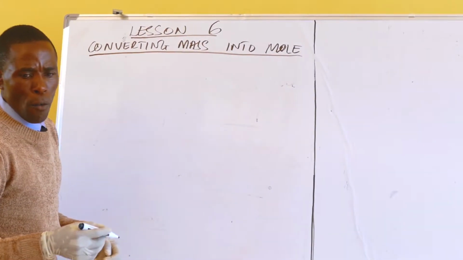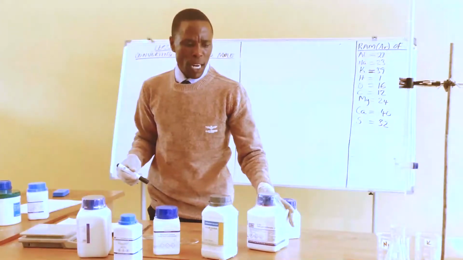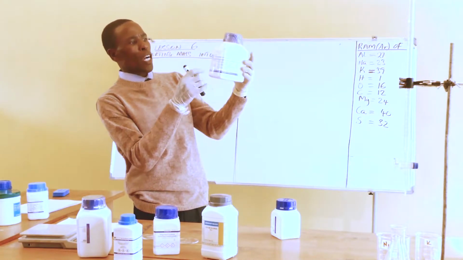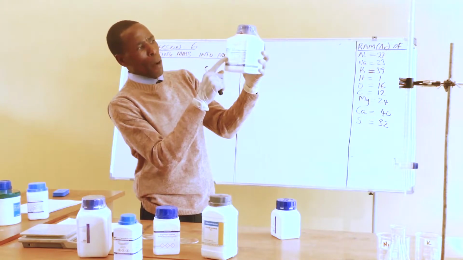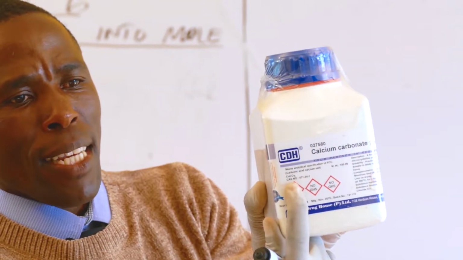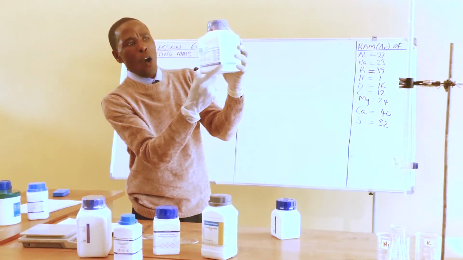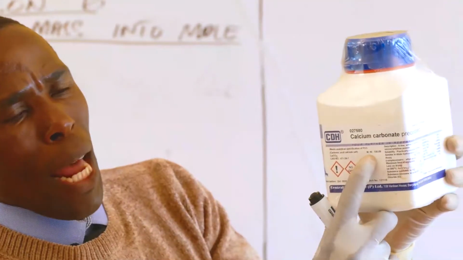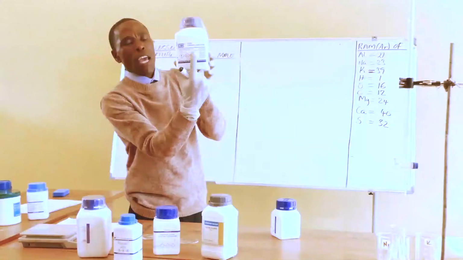As an example, when you look at these chemical containers, you find this one is calcium carbonate. Calcium carbonate has its basic formula, and the basic formula of calcium carbonate has its molar mass. Molar mass is written here as MW.